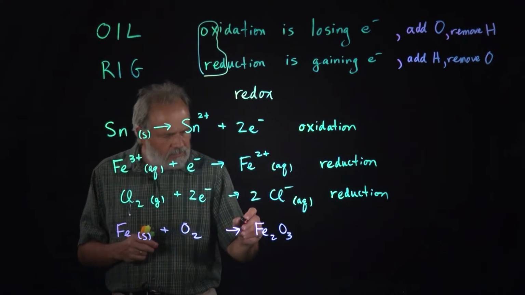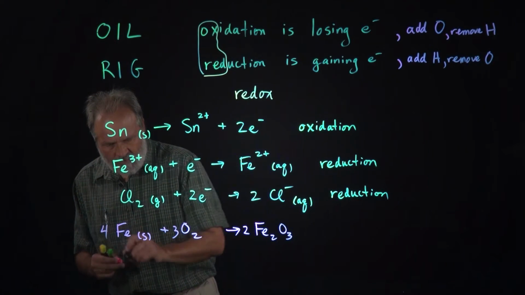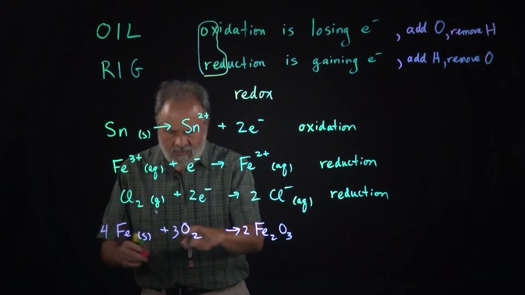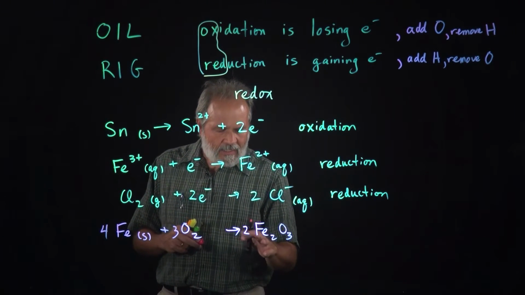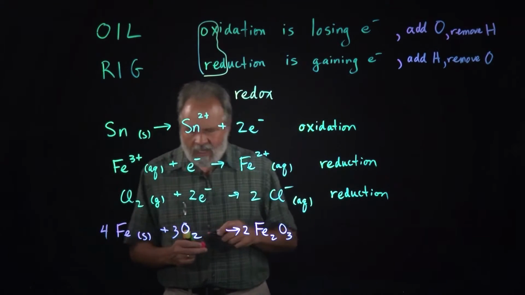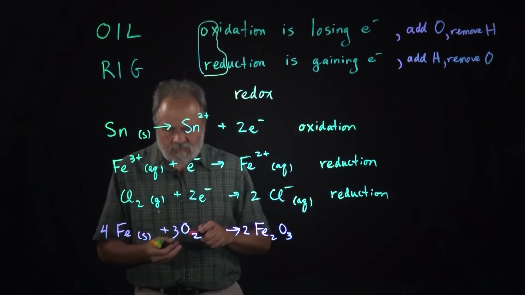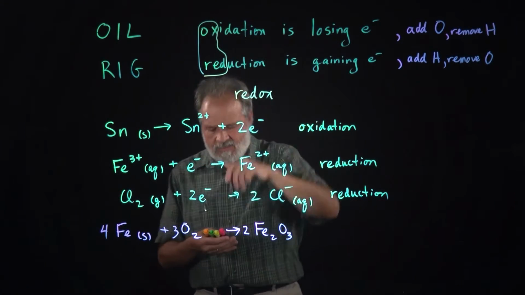We require, for a balanced chemical reaction, 4 iron atoms become 4 iron 3 cations, and then 6 oxides come from 3 oxygen molecules. Okay, so this is, let's see, adding oxygen is an oxidation.